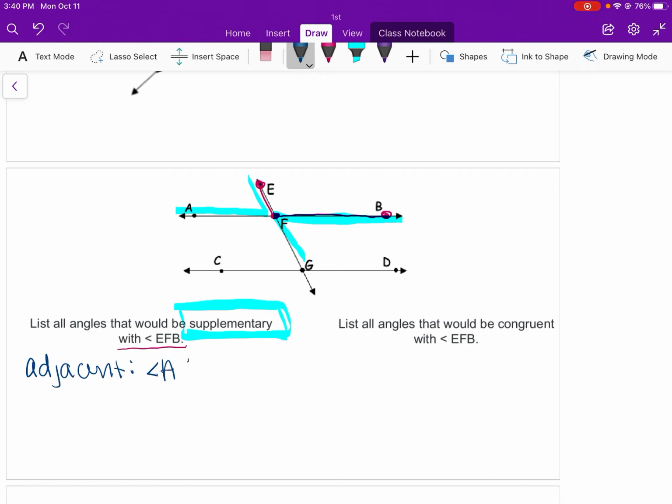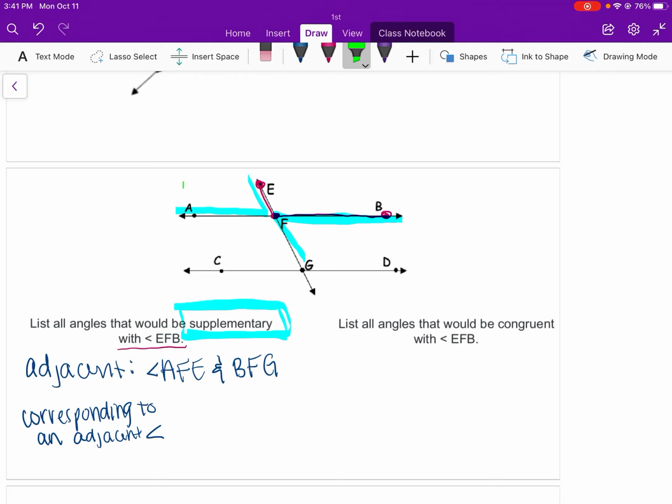So that is angle AFE and BFG. And then it's also any angle corresponding to an adjacent angle. What I mean by that is I say, okay, if I'm looking at AFE, I go down to the intersection and I find its corresponding angle, which are these two.